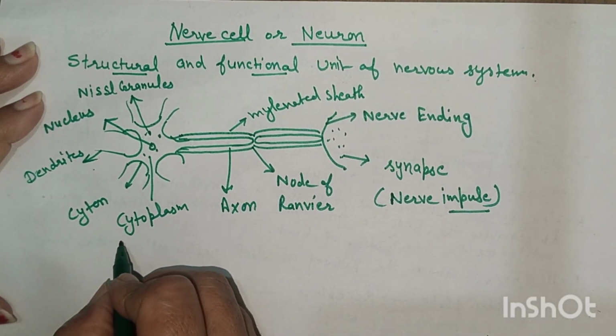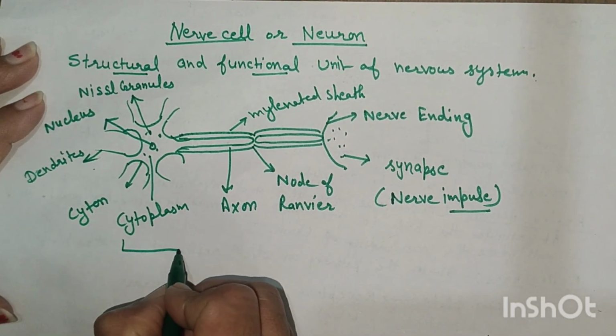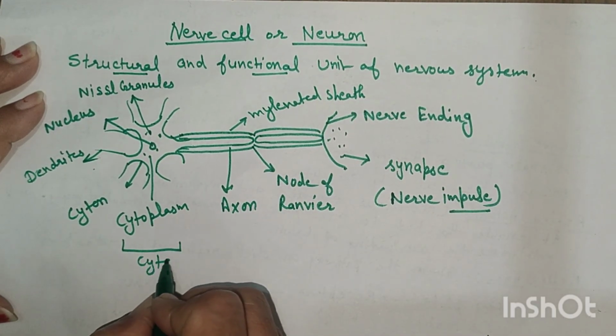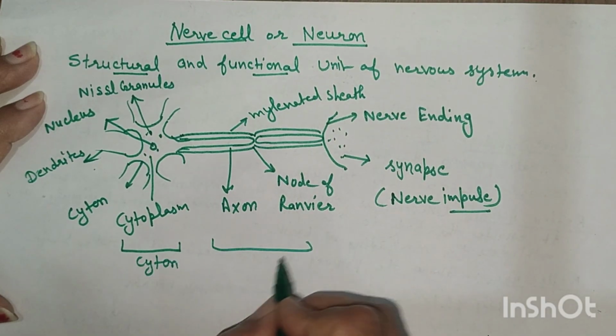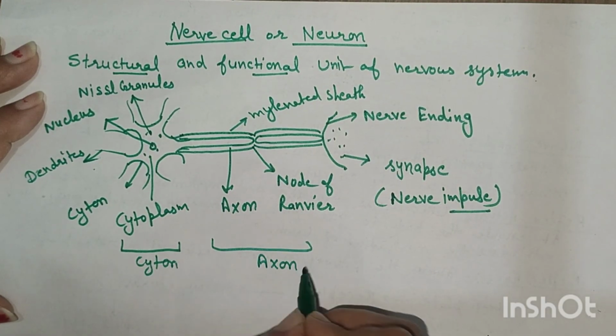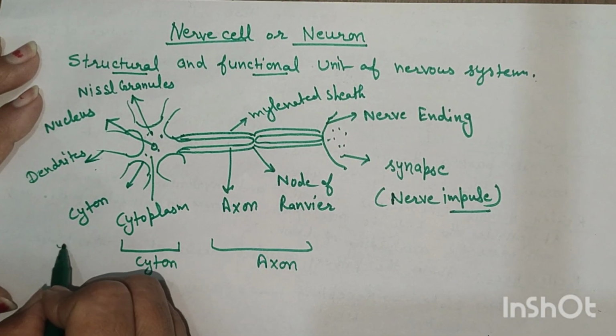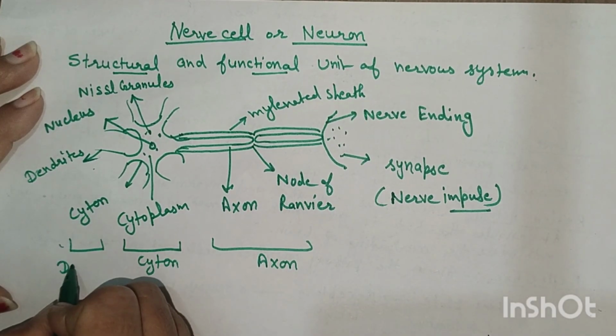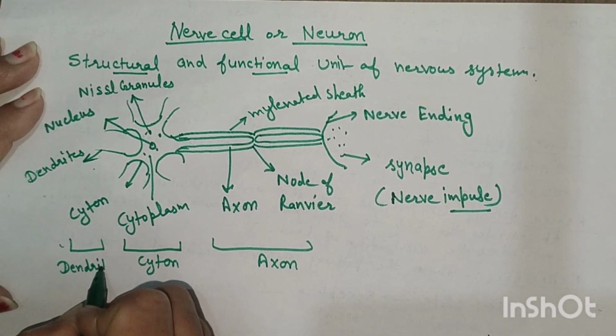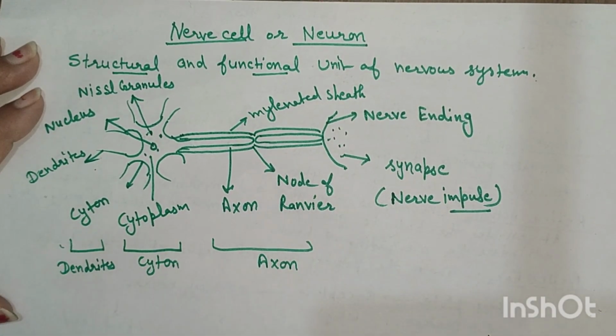Nerve cell consists of the cyton, axon, and dendrites. Thank you.